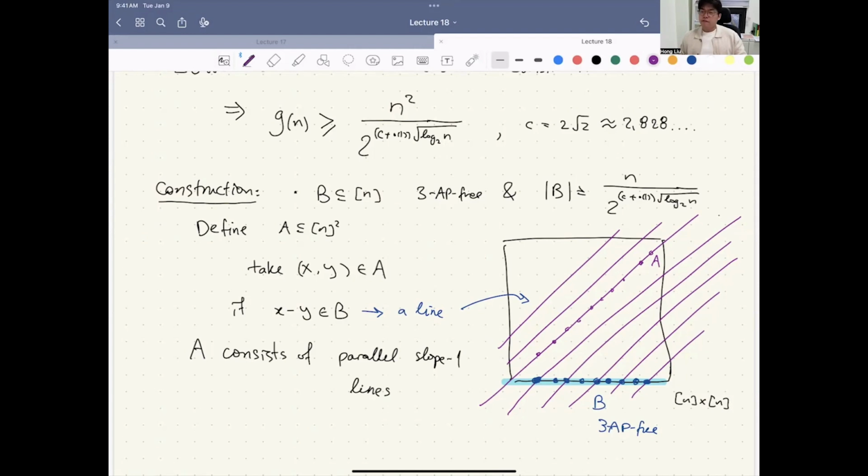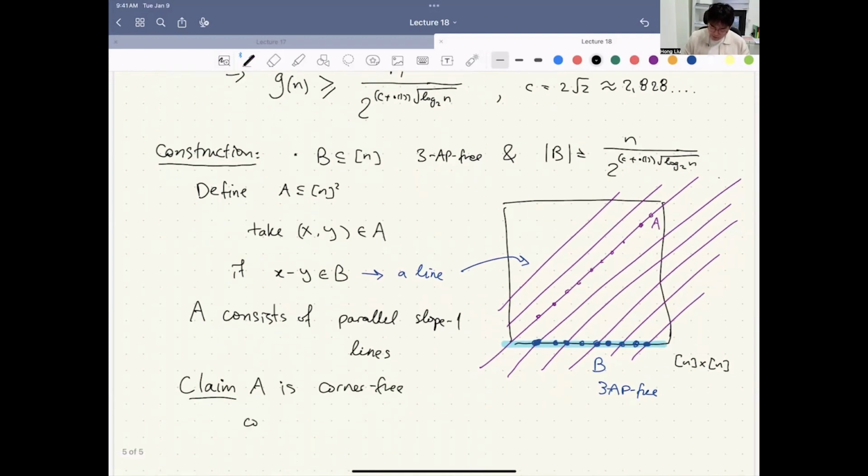Now, if A has a corner, we claim that A is corner free. Basically, it's easy. If there's a corner in A, it will correspond to a 3-AP in B, which is a contradiction. We know B must be 3-AP free.